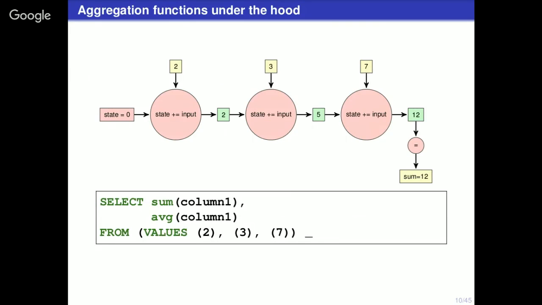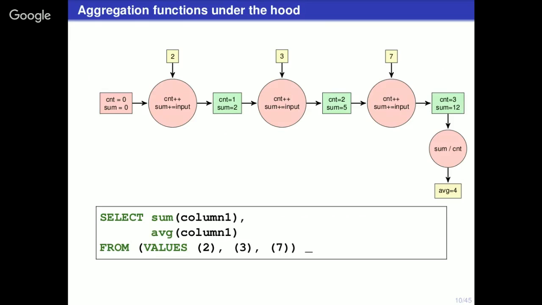Some examples. This is how summation works. Initial state is 0. Transition function is plus operator. Final function is trivial. One more sophisticated example, average function.